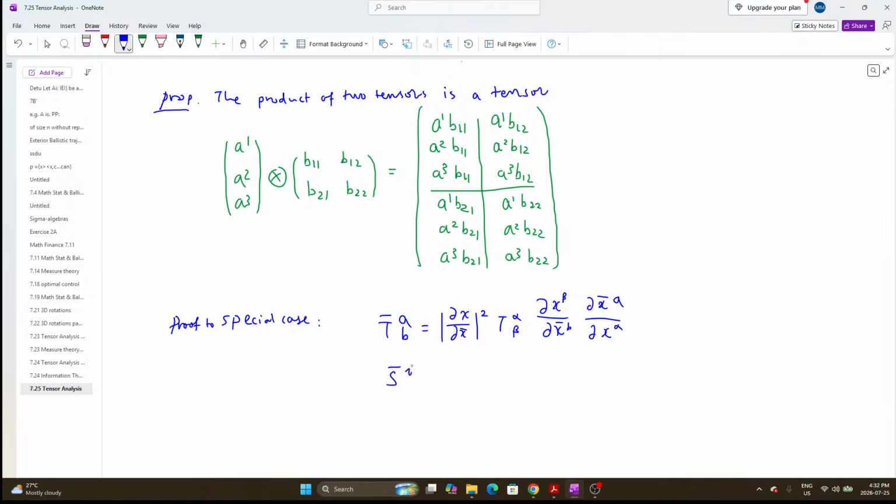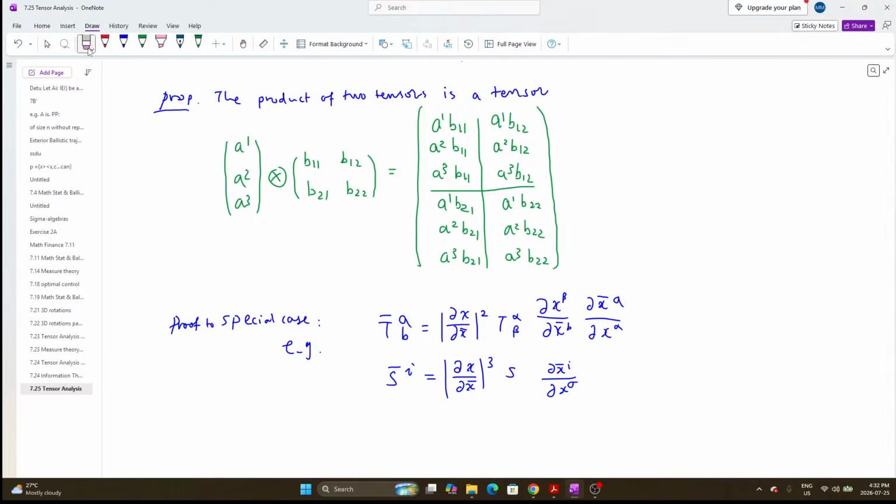S bar I transforms according to dx over dx bar, determinant cubed, times dx bar I over dx sigma. This is just an example; there's no special reason for choosing this, but the way we multiply the two should be clear for all types of tensors.